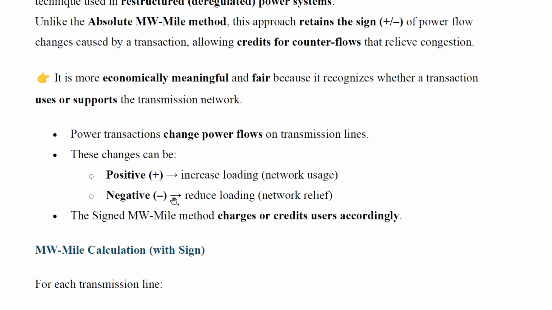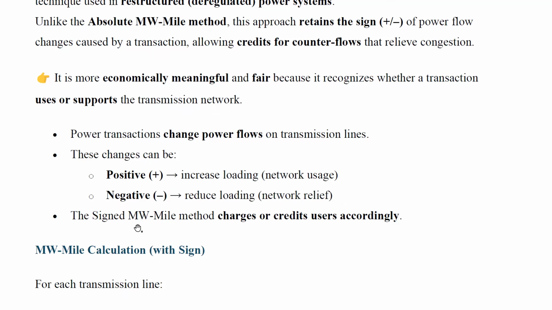If it is negative, it means reduced loading, that is network relief. So the signed megawatt mile method charges or credits users accordingly. Positive means increased loading, so network usage; negative means reduced loading, so network relief. Usage means positive, relief means negative.